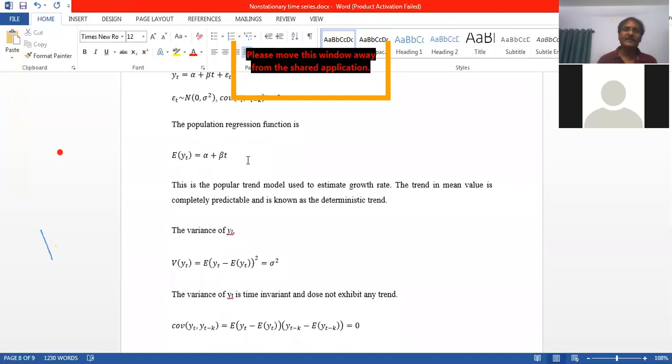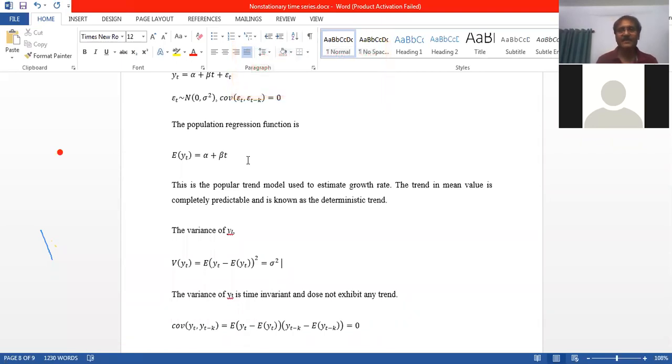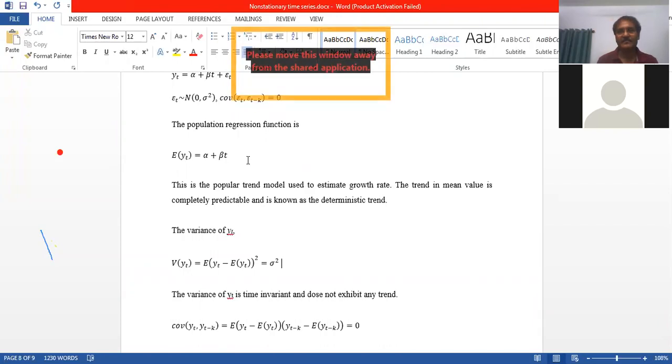So what is the basic difference between non-stationarity with unit root and non-stationarity without unit root? In the case of non-stationarity with unit root, you have trend in the variance. But in the case of non-stationarity without unit root, you do not have trend in the variance. So non-stationarity with unit root is synonymous to trend in variance or stochastic trend.